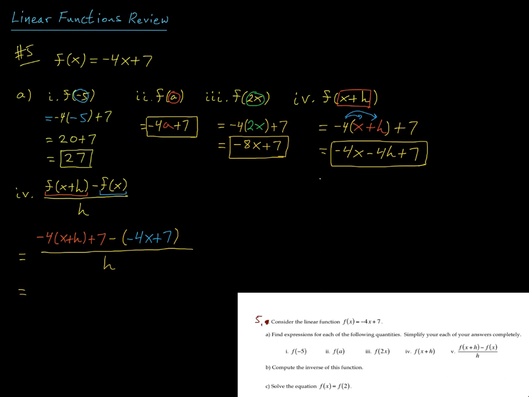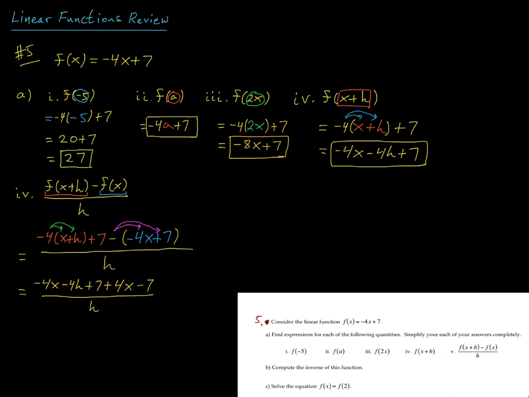All right, now let's clean this up. For this first part, we'll open these parentheses by distributing the negative 4, and then here we'll distribute this negative, which will just change the sign on each of those terms. That's going to give us negative 4x minus 4h plus 7, and then a minus 4x, that's a plus 4x, and then minus 7 there, and then divide all of that by h.